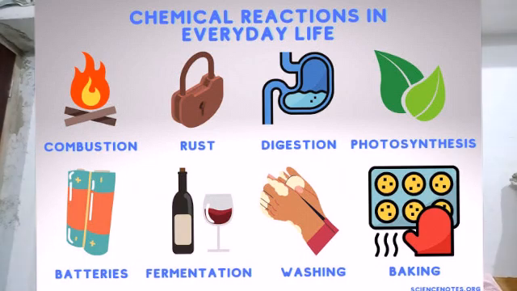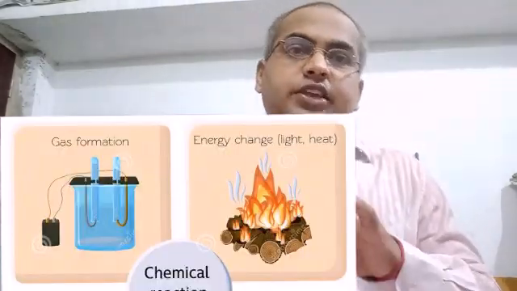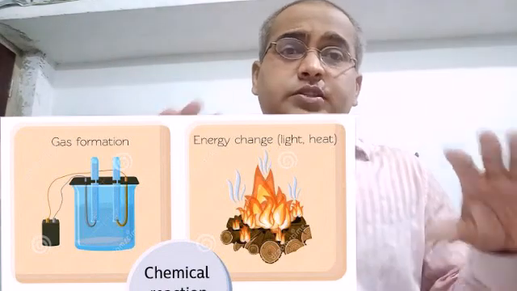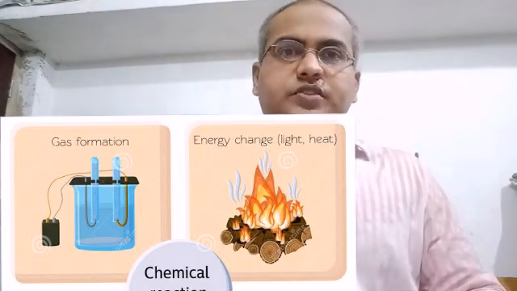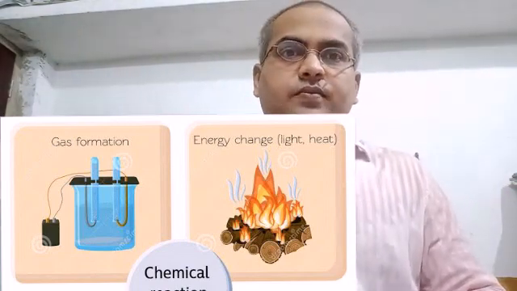It is not iron, it is a different substance from iron. So this is how a chemical change occurs. A new substance is formed, it is an irreversible or permanent change, and it is a change in the chemical properties of the substance.